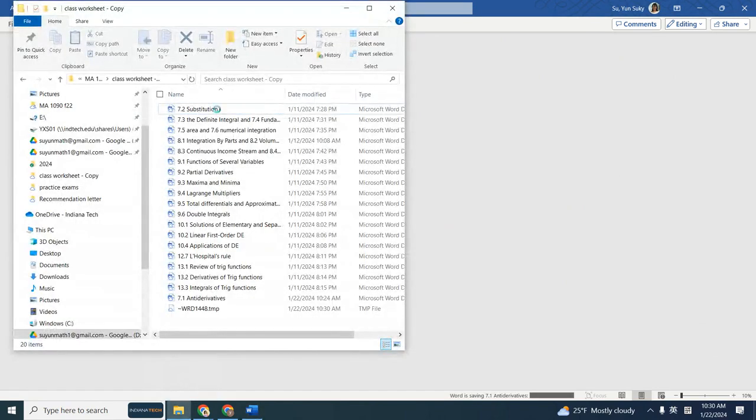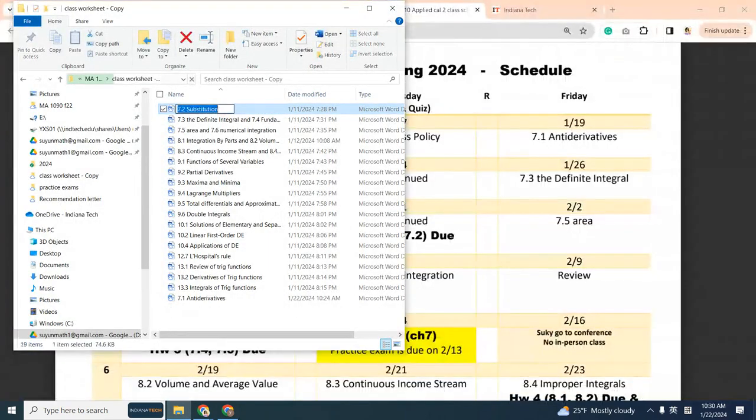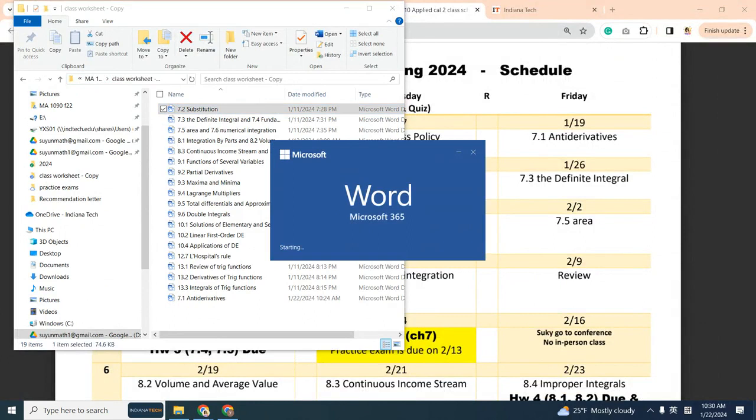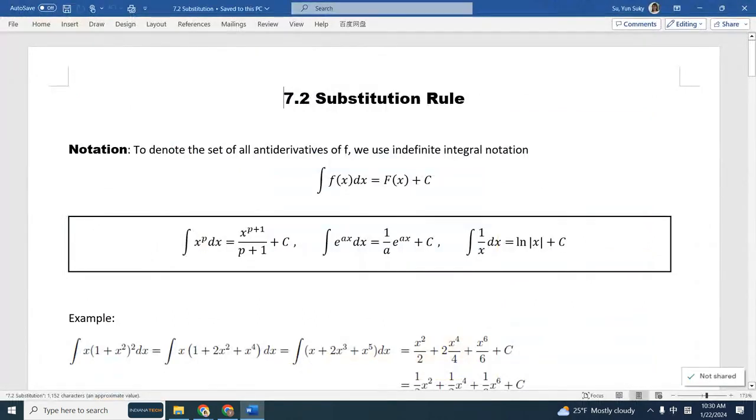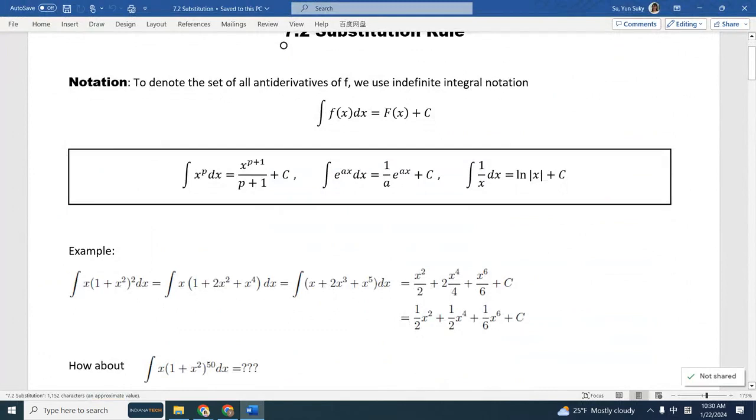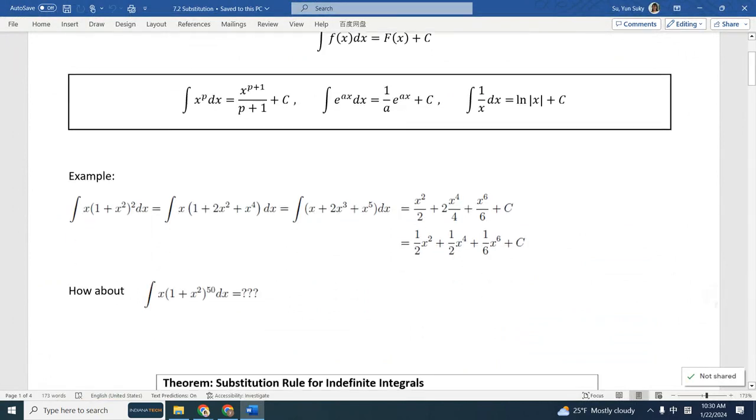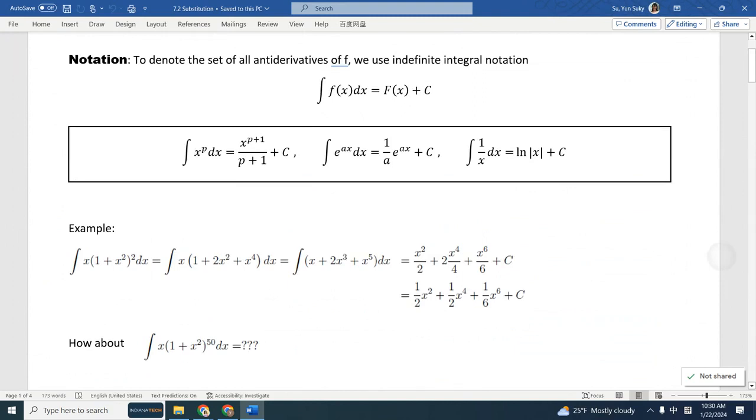Now, let's look at the substitution. So this three formula, keep that in mind. All right, substitution. So why do we need substitution?